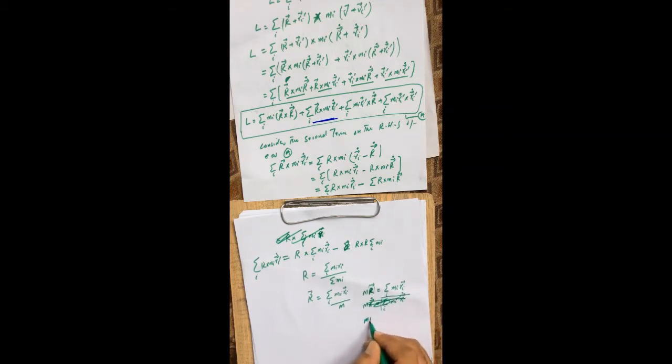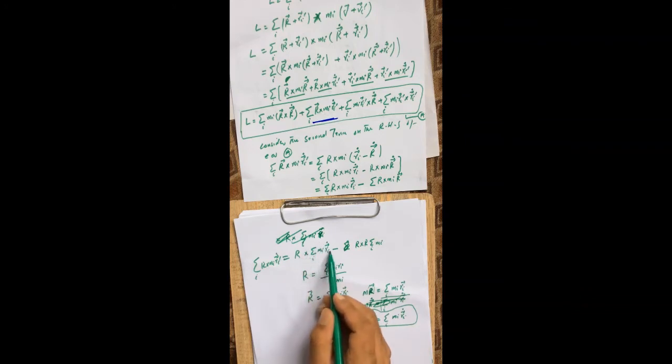So I replace this, sorry, this is ri dot, so this is M r is equal to sum over I mi ri. So if we have dot here, then the dot will be here. So I have to replace this quantity, which is here, is this one, yes, this one, by this one.